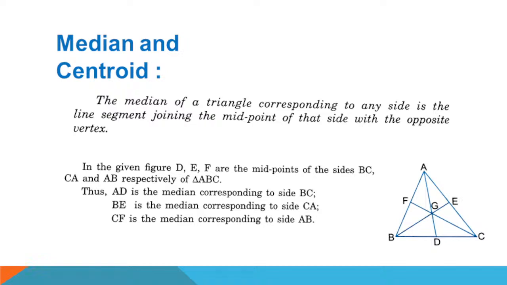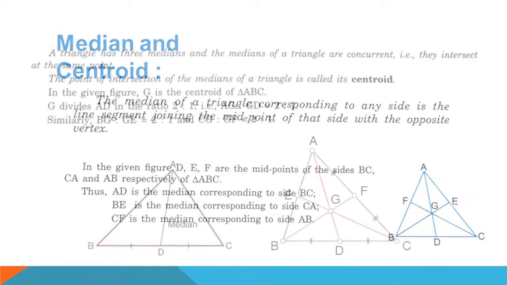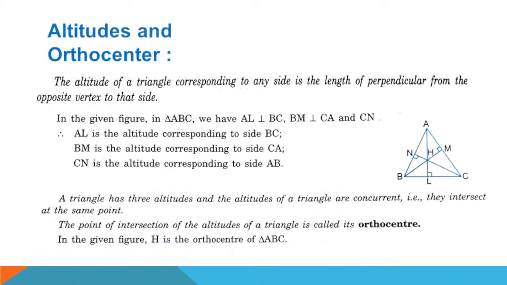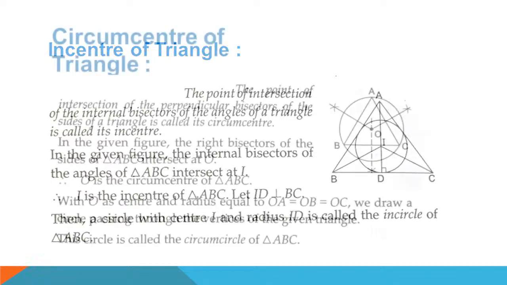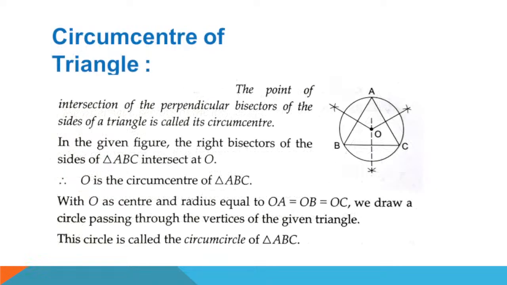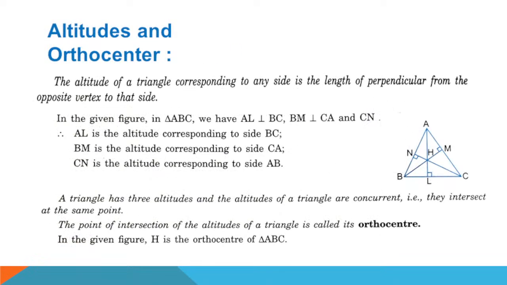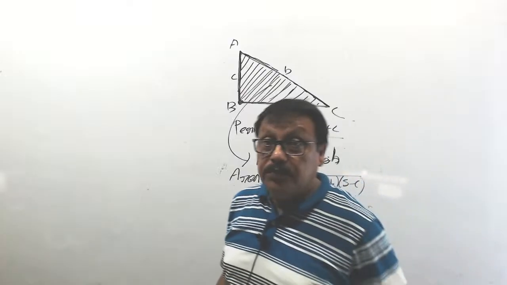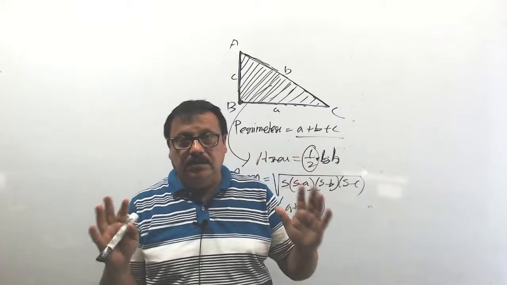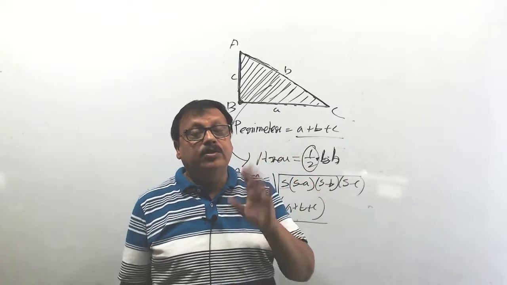There are four important things: median and centroid, altitude and orthocenter, incenter of triangle, circumcenter of triangle. These four things one by one I am explaining here, and I will try to show these four things.